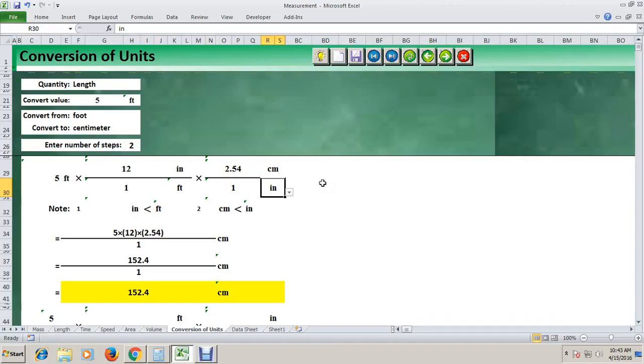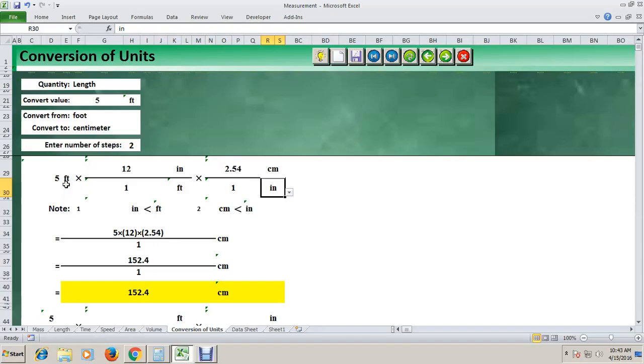Having said that, let's now proceed with the technique of the conversion. The idea of the conversion is that if you're given a quantity expressed in one of the units, for example, foot, in order to convert foot into the number of centimeters, you need to cancel out the unit foot, leaving the target unit centimeters.